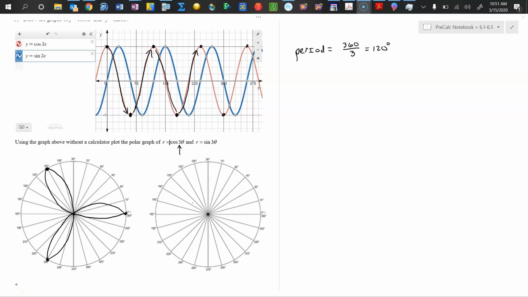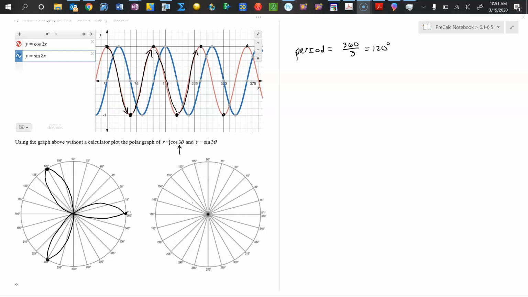In a way similar to how we dealt with the graph of r equals sine 2 theta, we're going to deal with the graph of r equals sine 3 theta. We see that r equals sine 3 theta is a horizontal shift of the graph of r equals cosine 3 theta by 30 degrees.